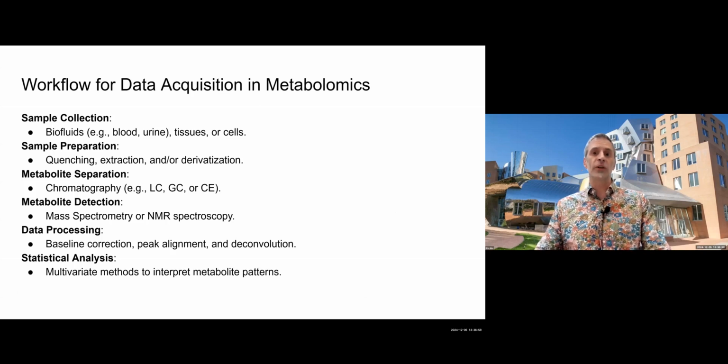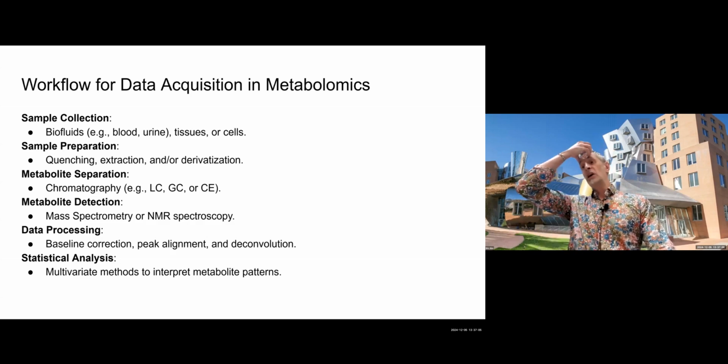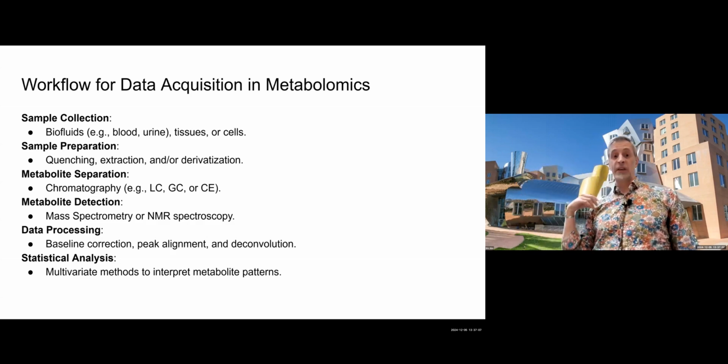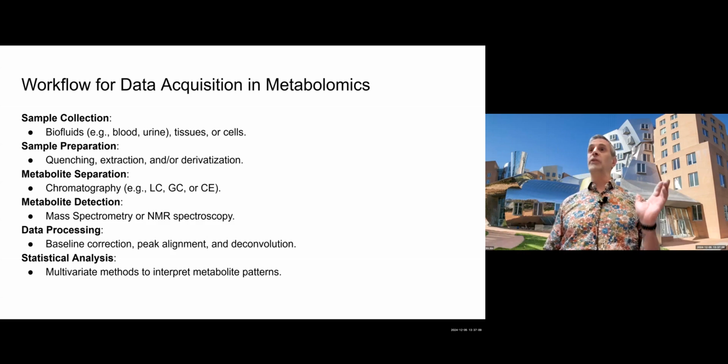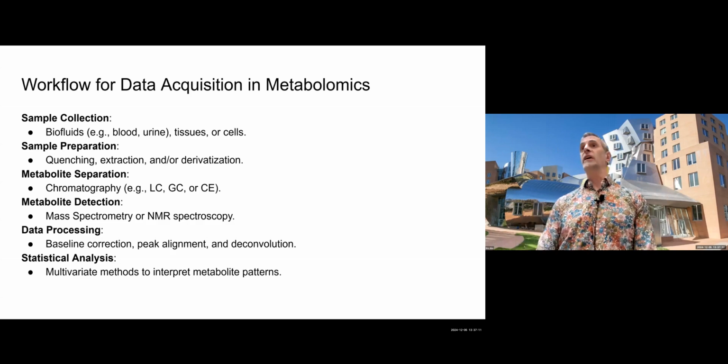Okay, so what's a workflow? We have to collect samples, prep those samples. Usually, if it's a complicated sample, we need to separate the metabolites, so we're not looking at all of them at once. Although even for a complex sample, you can do methods like fingerprinting or direct injection. We put the whole sample in at once, and we get a lot of peaks.